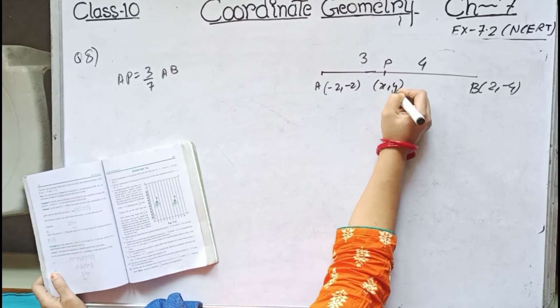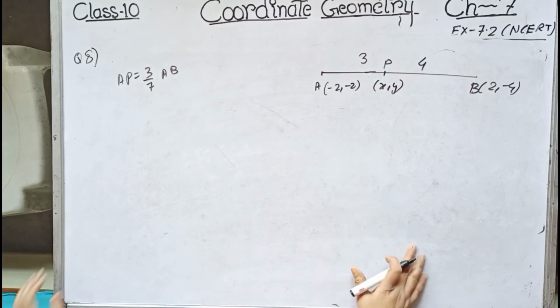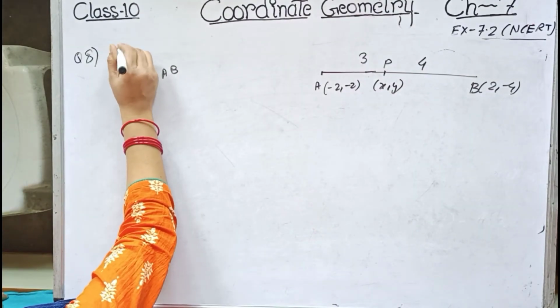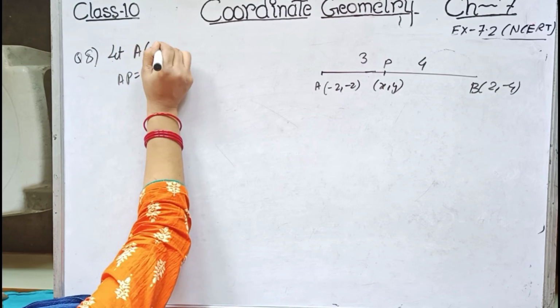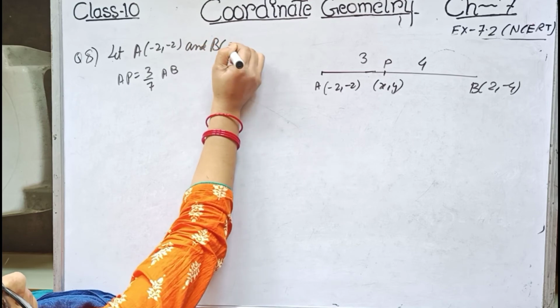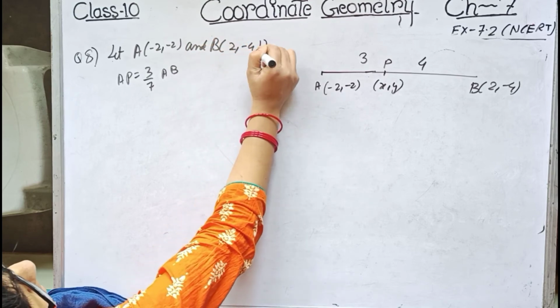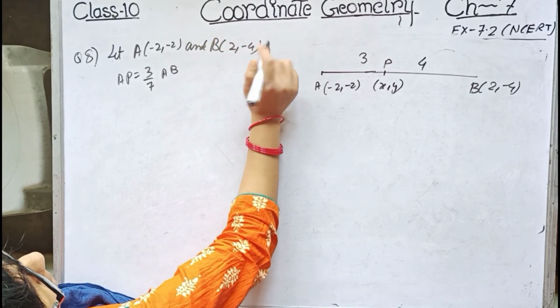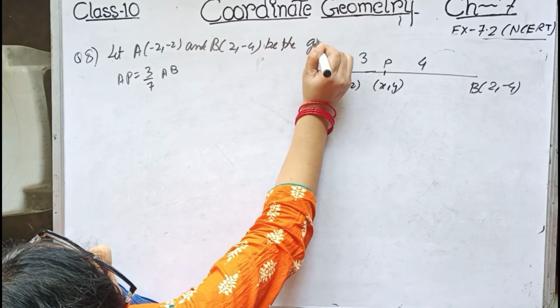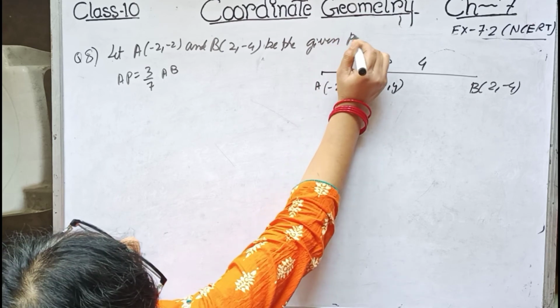So we have to find the coordinates of the point P. Let us suppose the coordinates of the point P are (x, y). Let A (-2, 2) and B (2, -4) be the given points.